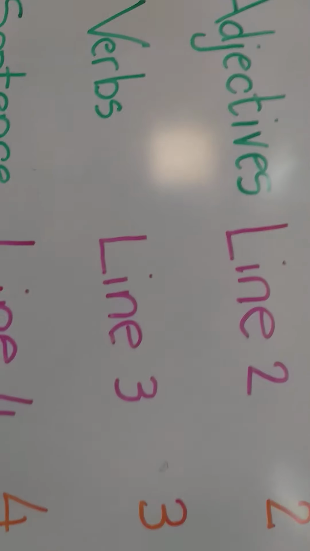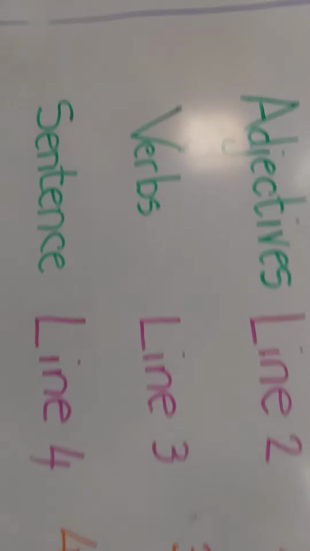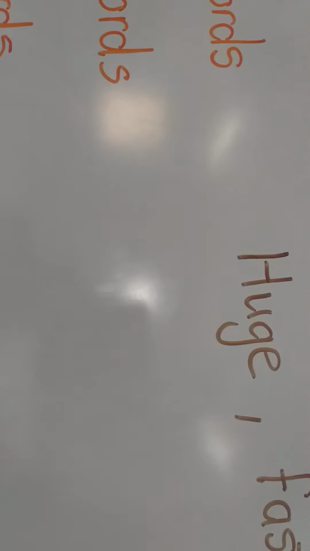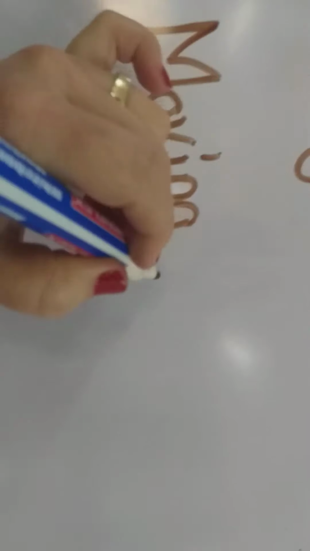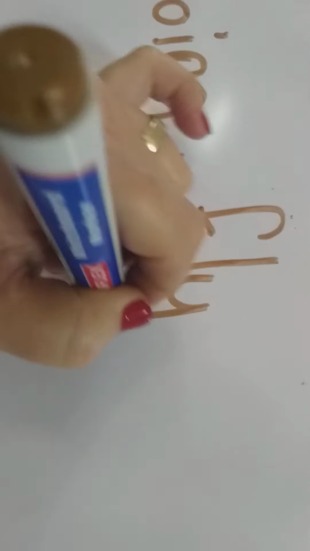And then line 3 will be verbs. Remember, we know they're verbs if you choose words that end in an ing. So we can use the word moving, going, flying.